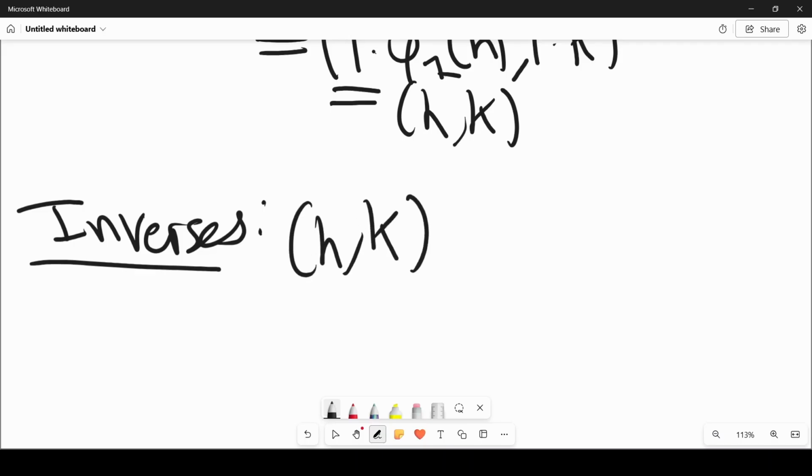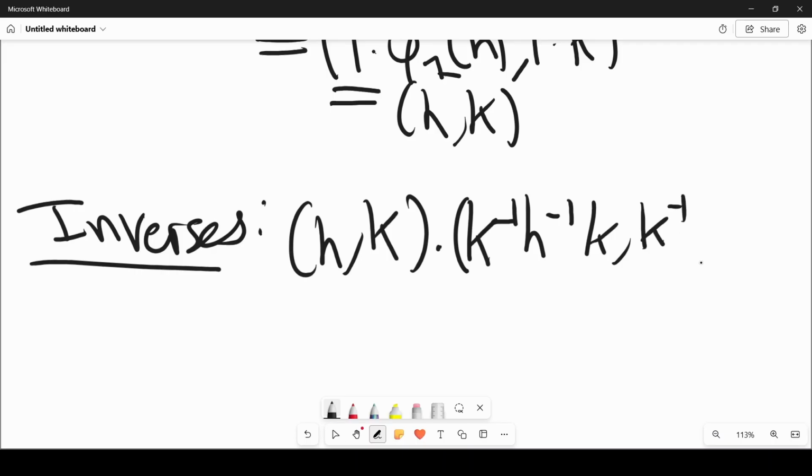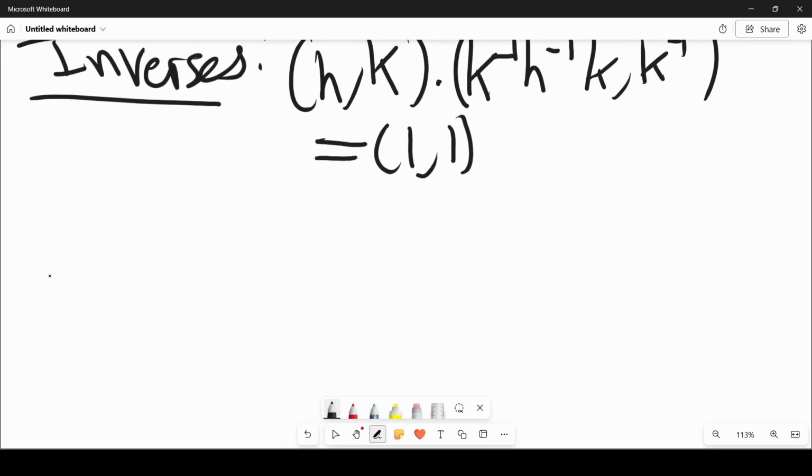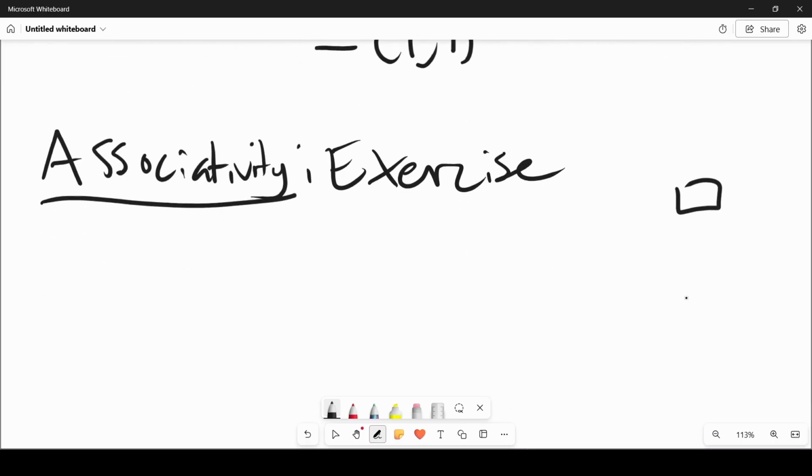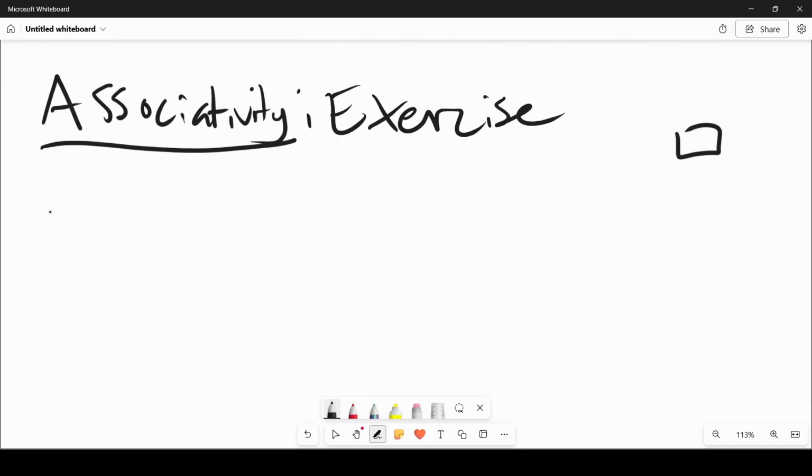If I have something (h, k), its inverse is going to be (k inverse h inverse k, k inverse), and show that this equals (1, 1). And then finally, I'll leave associativity as an exercise. And so this guy is in fact a group, even though I didn't prove most of it.